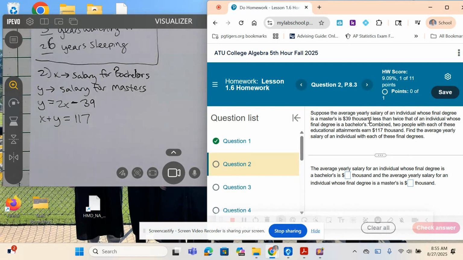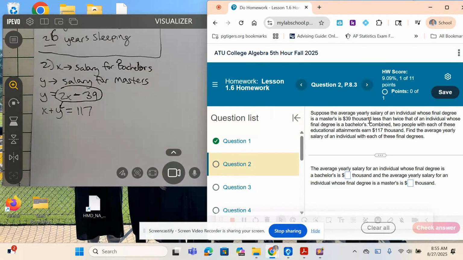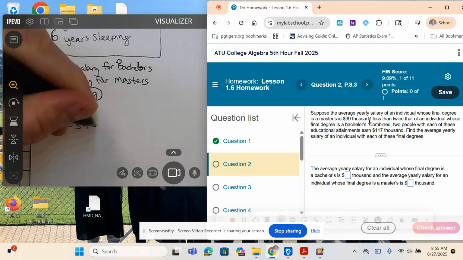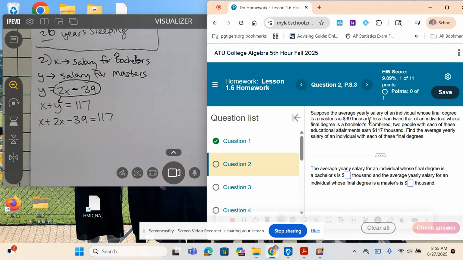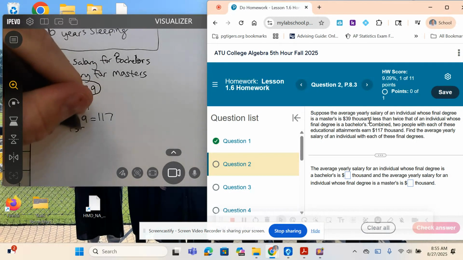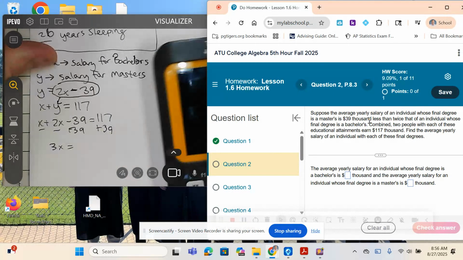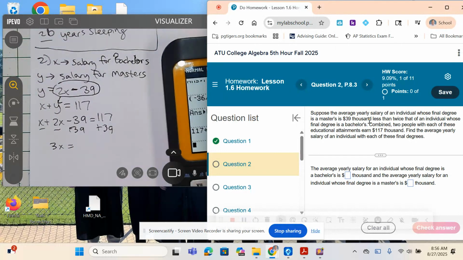So I'm going to use substitution. Y equals this, so we'll plug this in for Y. So X plus 2X minus 39 equals 117. I can add 39 and then combine like terms. X plus 2X is 3X. 117 plus 39 is 156.